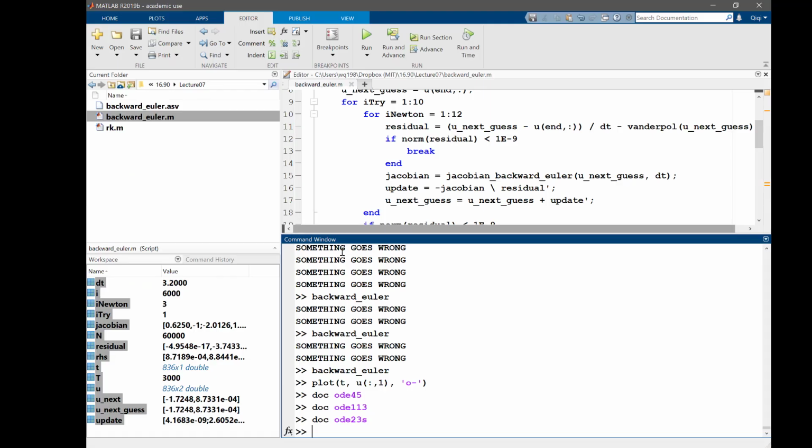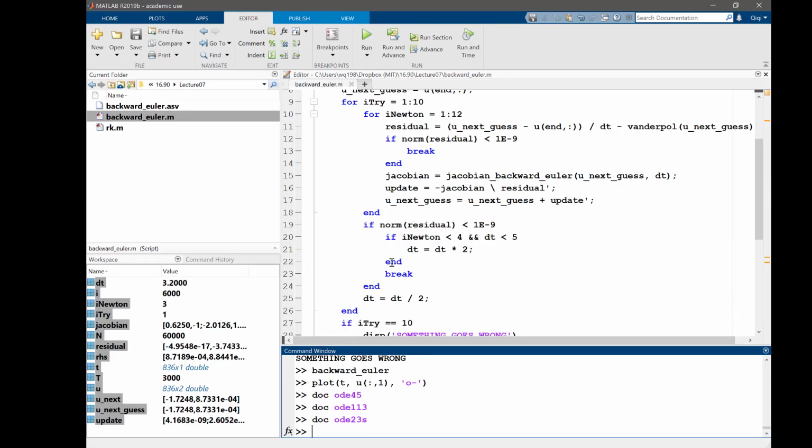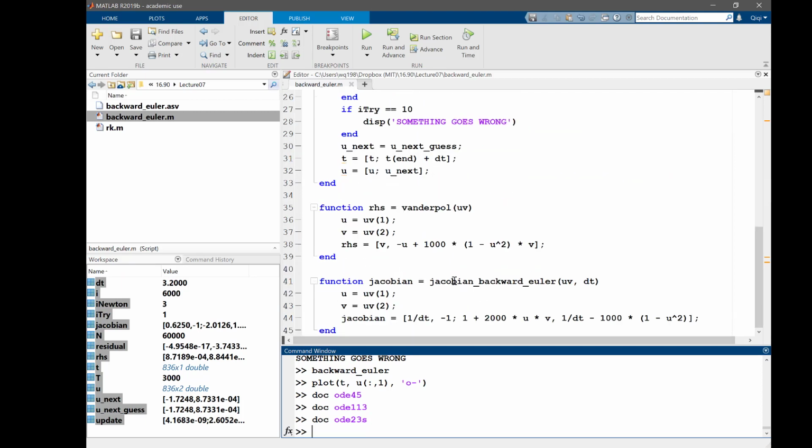In our case, for our backward Euler, we actually have implemented an explicit Jacobian for us to use. If we don't have it, we'll have to do finite difference, perturbing u a little bit to get the Jacobian. All right, so that's kind of what we have with MATLAB.